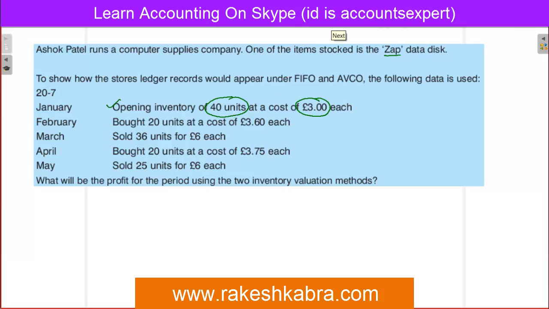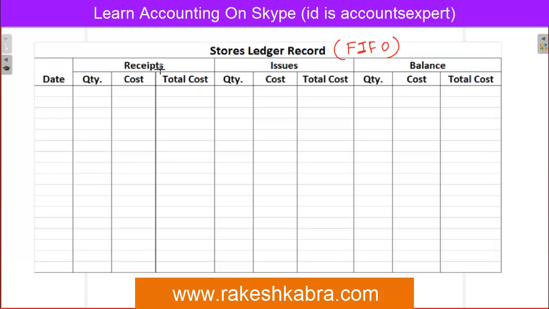So see how we will show this. First I will write the date, the year 2007, and in the month of January we already have opening inventory.